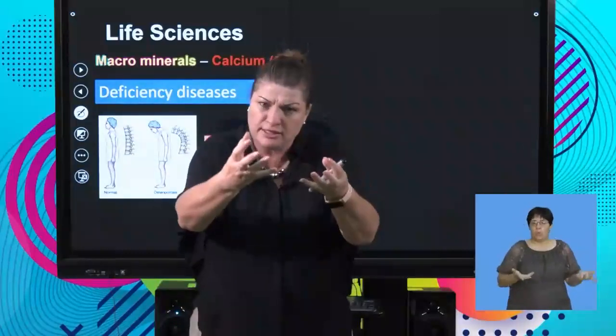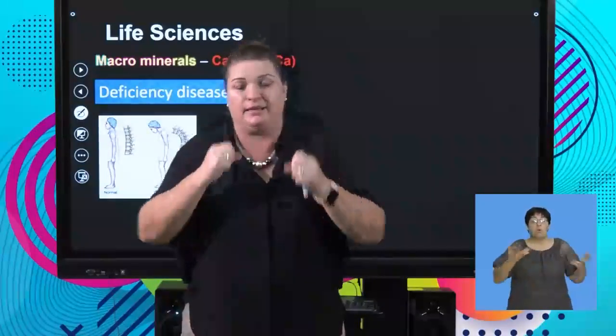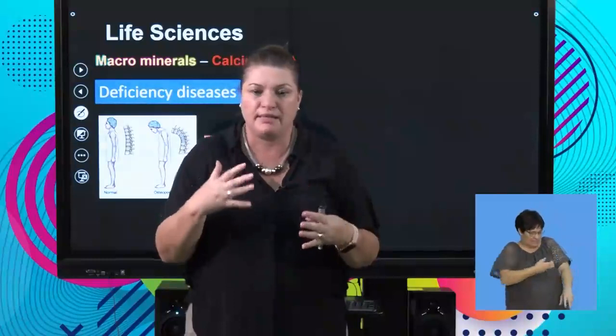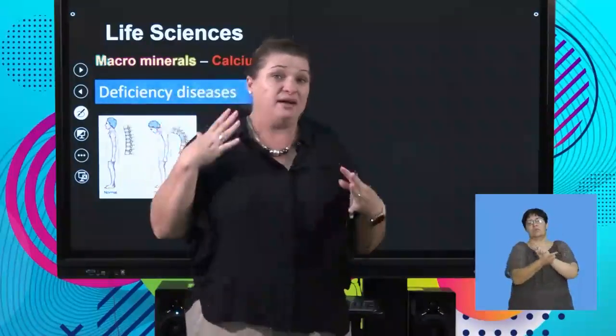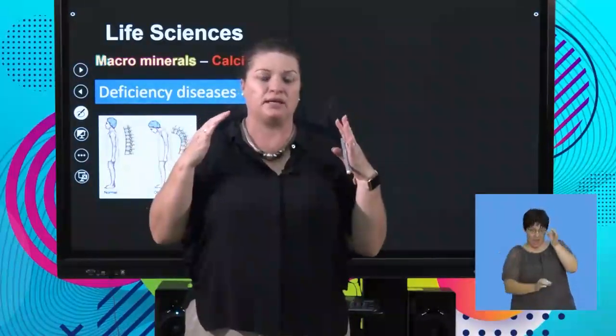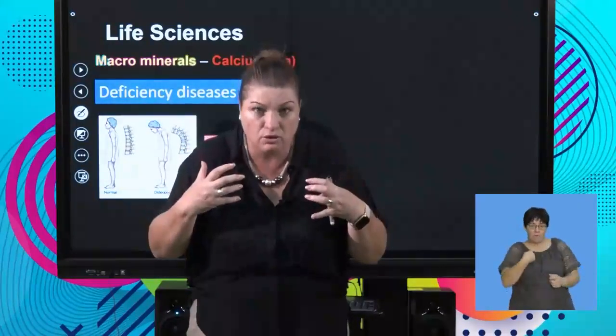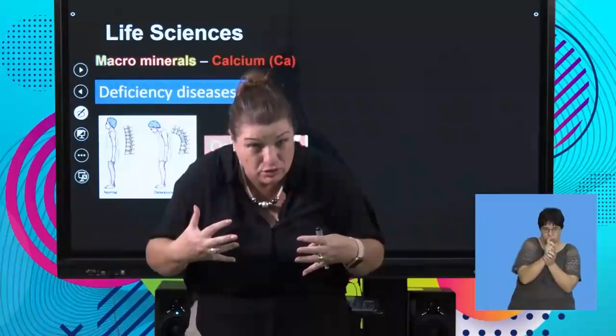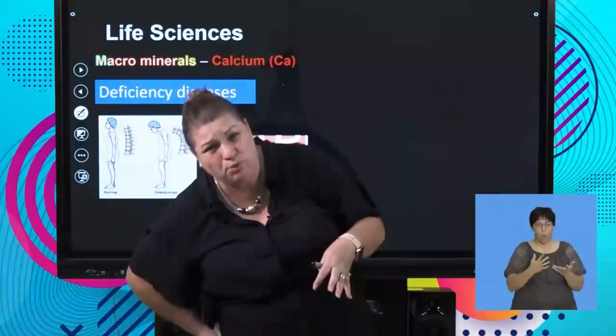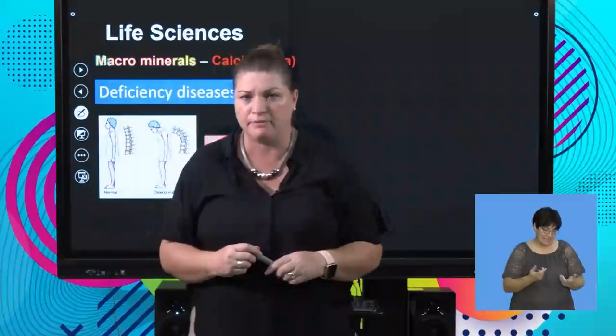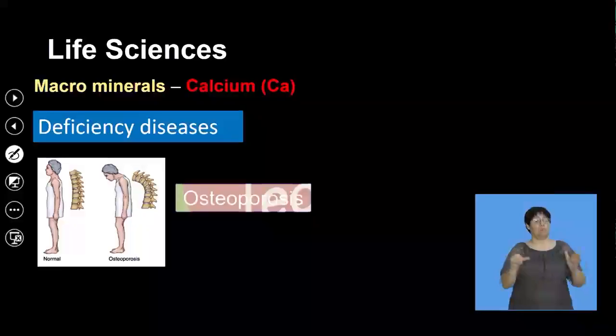And as soon as it takes the strengthening out of our bones, it makes our bones weak. And our spine keeps our back upright. And as soon as the bones become weak, we can't hold ourselves up, and we start to bend over, or we might break our bones much more easily. Okay, calcium, very important in your diet.